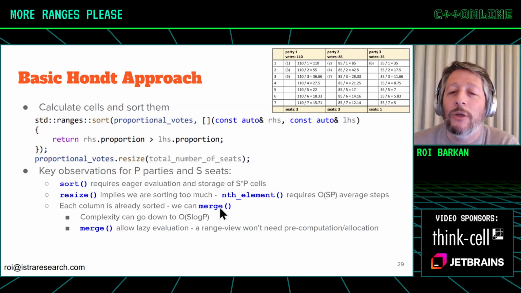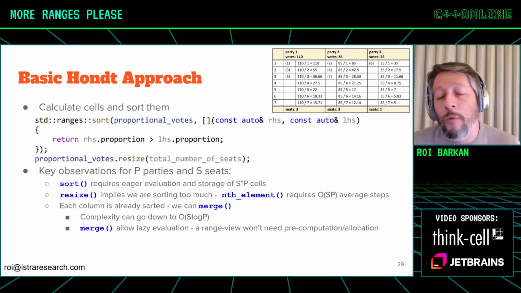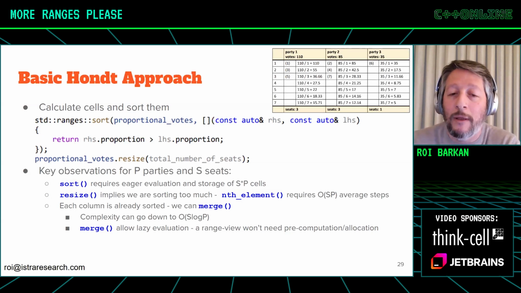We know that we can actually use the merge algorithm. And merge is something that already exists to some extent in C++98, and it's used to take 2 or more ranges that are already sorted and merge them into one consecutive range of sorted items. And the complexity here can go down much more dramatically from S times P to S times log P, which is really cool.